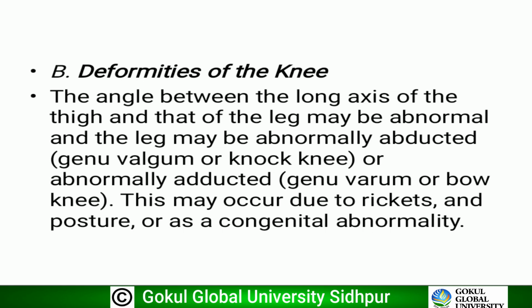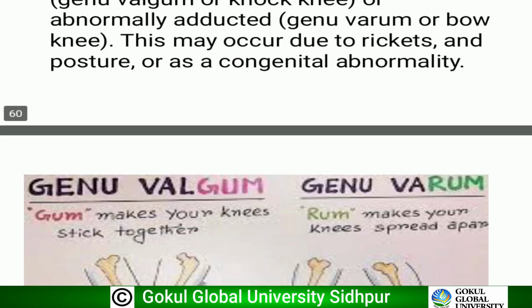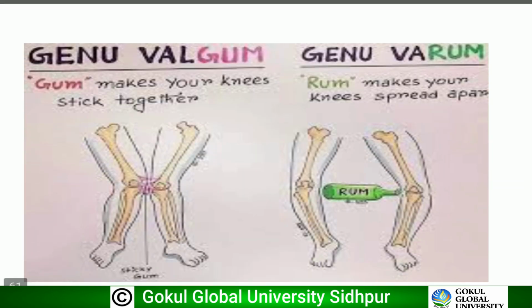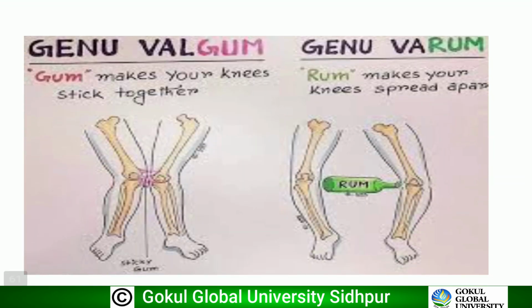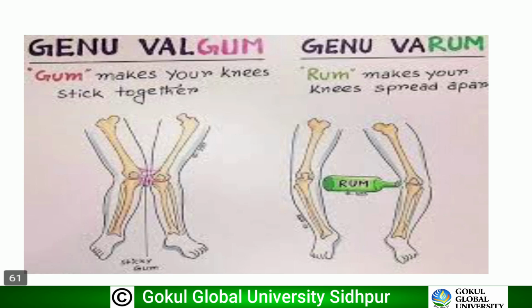This may occur due to rickets and posture, or as a congenital abnormality. Now I will show in the diagram genu valgum. You can easily remember this by this diagram.